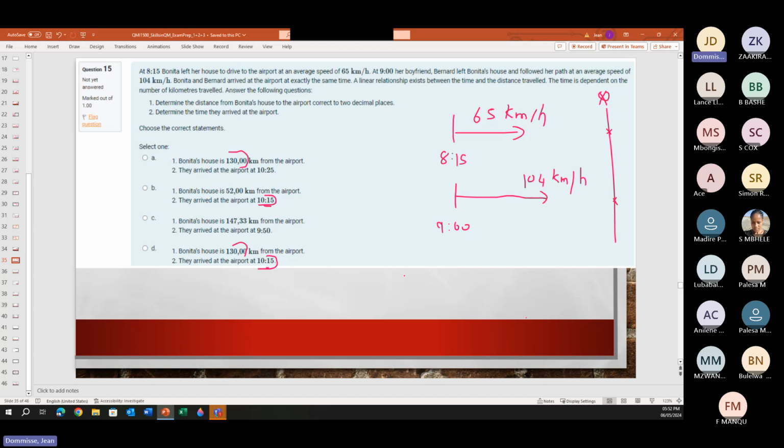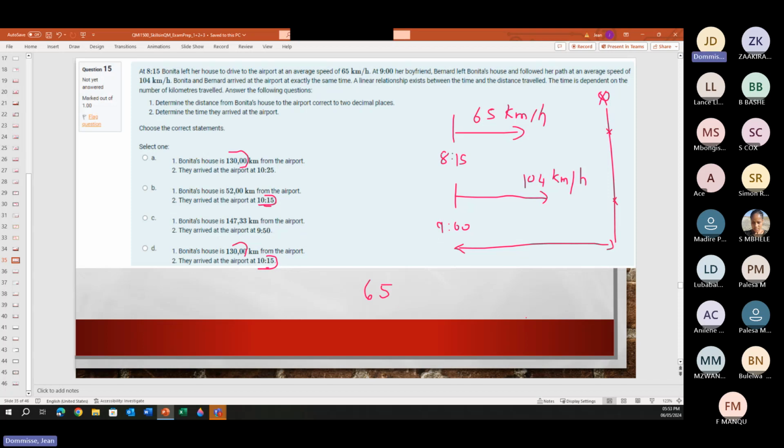Okay, so let's quickly say distance is equal to... so let's say that distance is similar. 65 kilometers an hour.